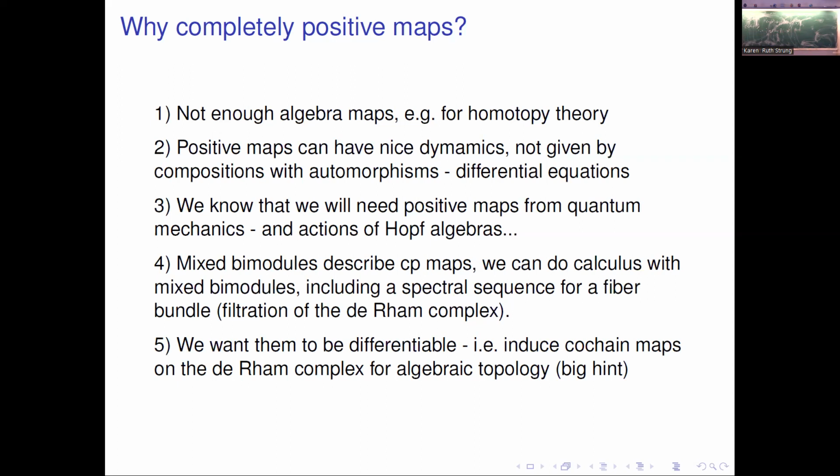But differentiable. Okay, if you open a textbook on algebraic topology and you say, what does it mean for a map to be differentiable? What they will tell you is a cochain map.